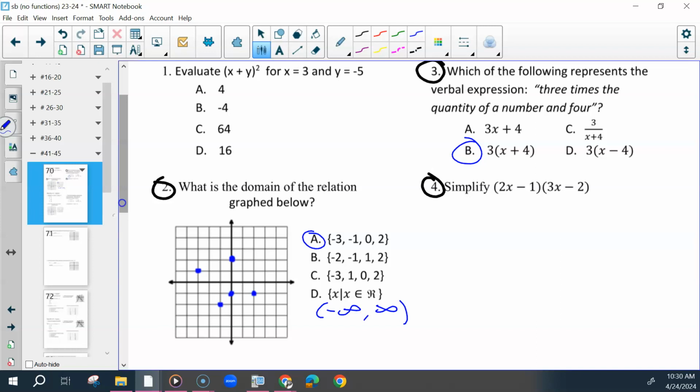For this one, you have to multiply it back out. So using box method, FOIL, double distributive, whichever one. 2x times 3x would be 6x squared, and then we have 2x minus 2, so negative 4x, negative 1 times 3x is negative 3x, and negative 1 times negative 2 is positive 2.